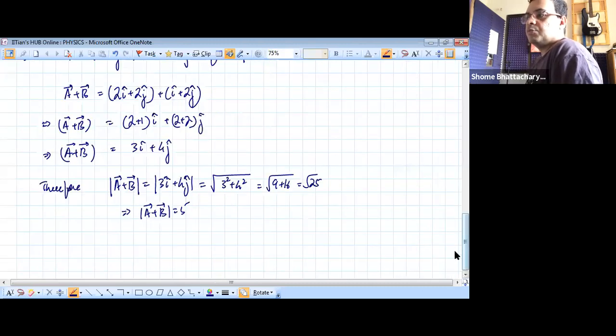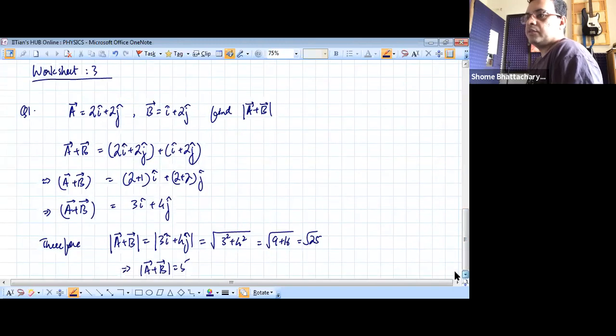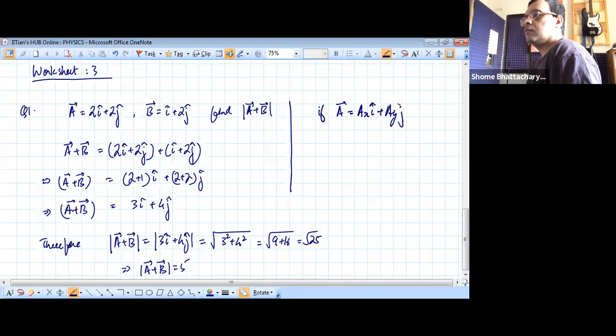Okay. So the simple concept that we use here, if we look at this question conceptually, is that if a vector A has components Ax and Ay, and a vector B has components Bx and By, then the sum of the vectors will simply become the sum of the x components plus the sum of the y components.